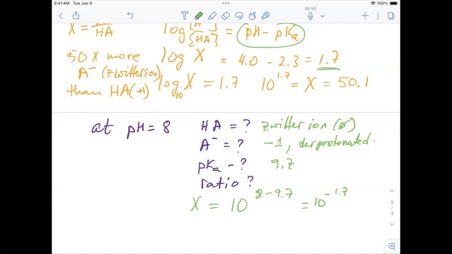We end up with a ratio of A minus over HA of approximately 0.02, which happens to be approximately 1 over 50. So we have 50 times more Zwitter ion compared to the fully deprotonated form. If you're able to do that, I think you've nailed it and you're ready for other problems.